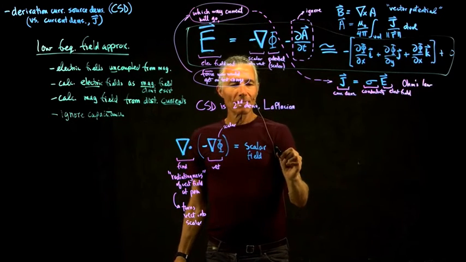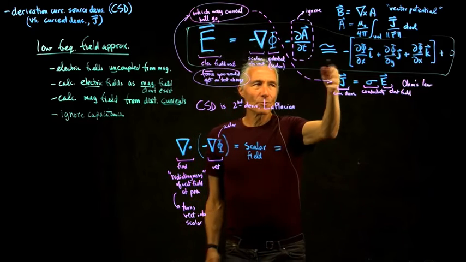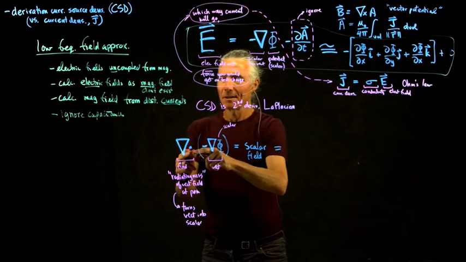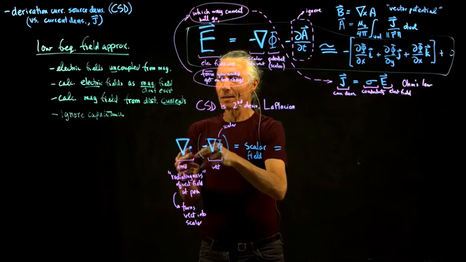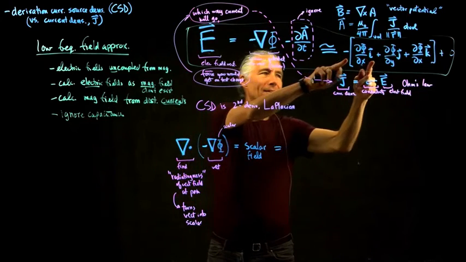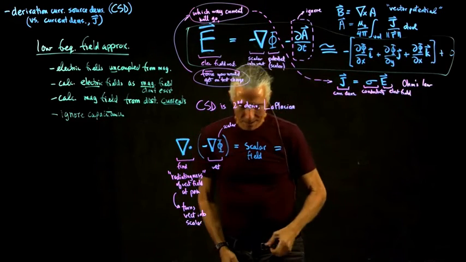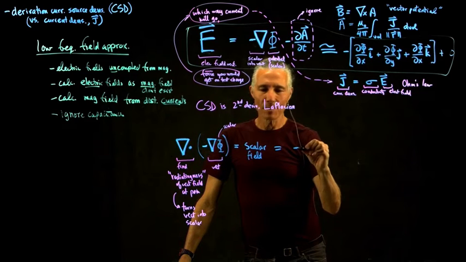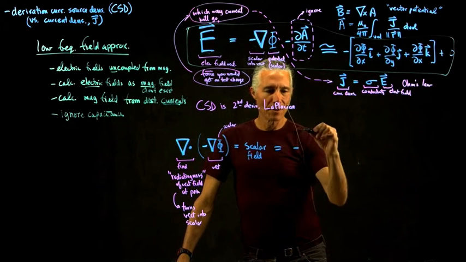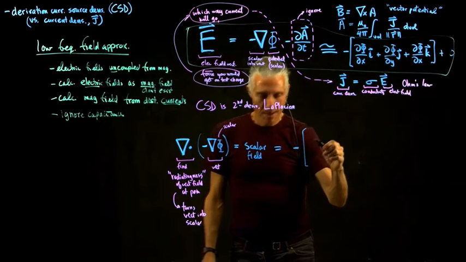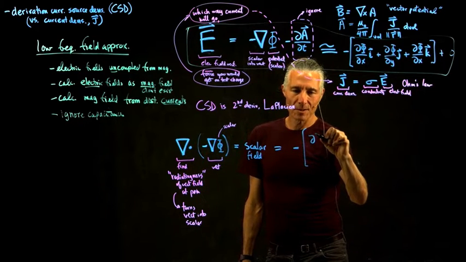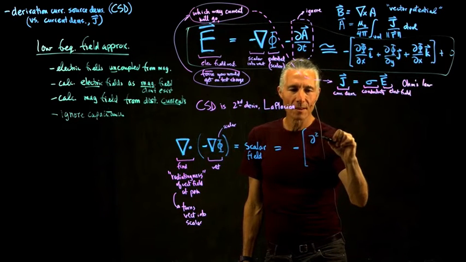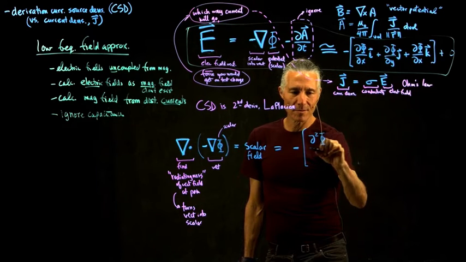And so if we go through the math and take the divergence equation that we had last time and apply it to this thing, you actually get something pretty simple. We still have the negative there. It's just the negative of the second derivative of the potential.